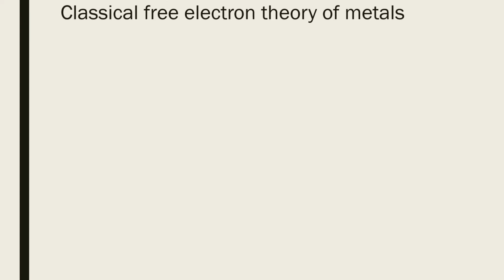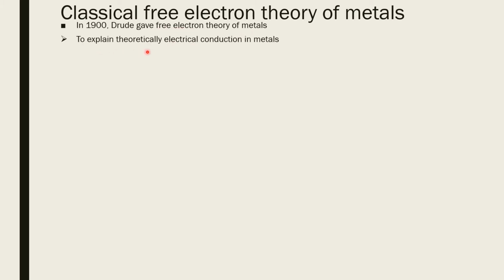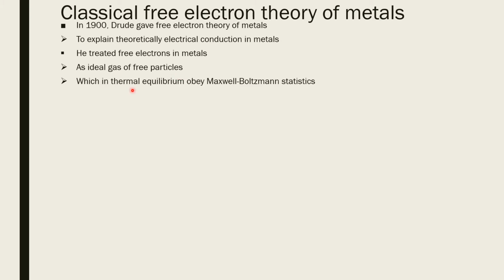Free electron theory of metals. In 1900, Drude gave the free electron theory of metals to explain theoretically electrical conduction in metals. He treated the free electrons in the metals as ideal gas of free particles, which in thermal equilibrium obey the Maxwell-Boltzmann statistics.